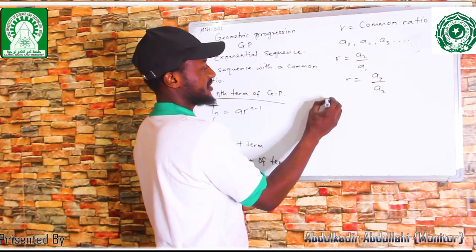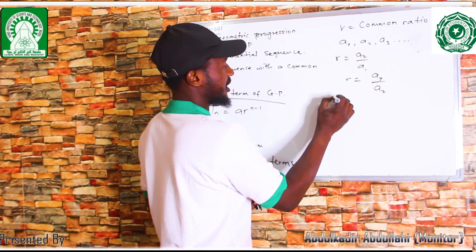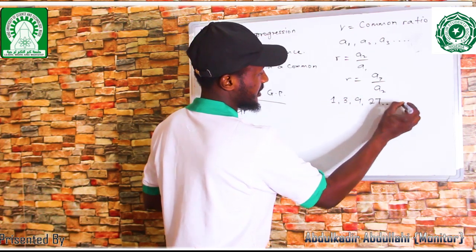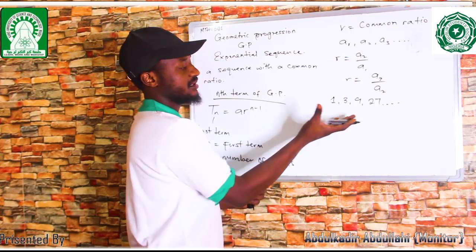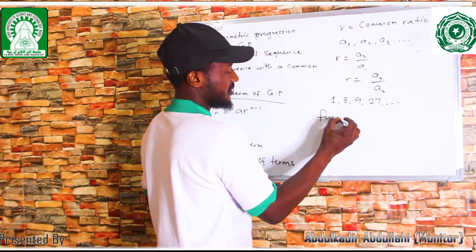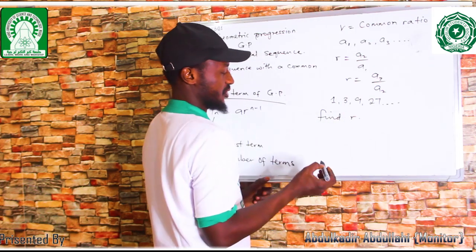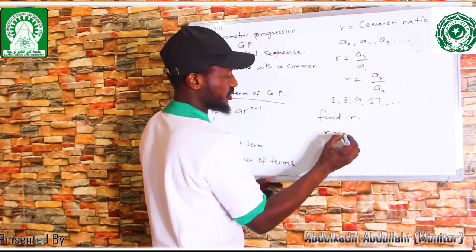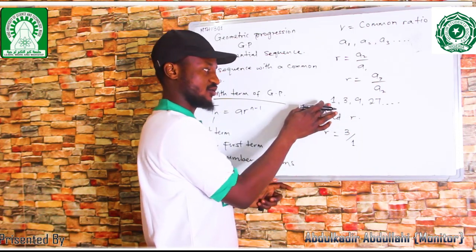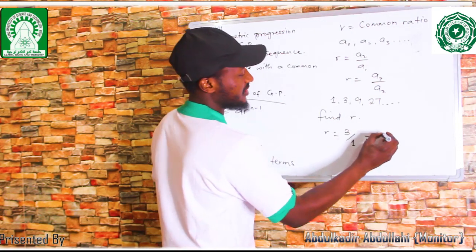For instance, if I am given some terms 1, 3, 9, 27, these terms are GP because they have a common ratio. So if I am to find r, the common ratio, I will just say my r is equal to 3 divided by 1. That is this term divided by this one. 3 divided by 1, you are going to have 3.